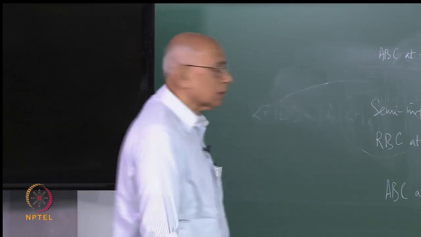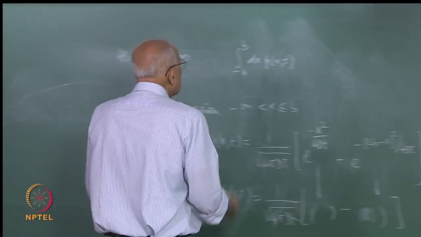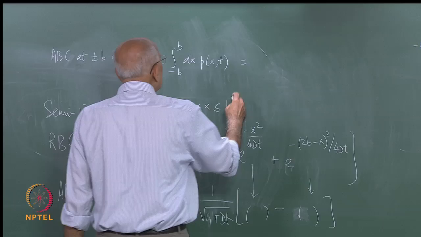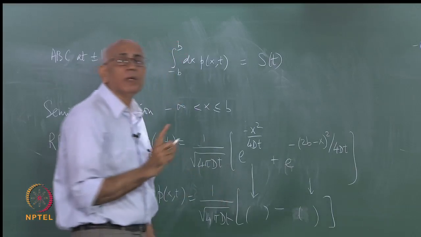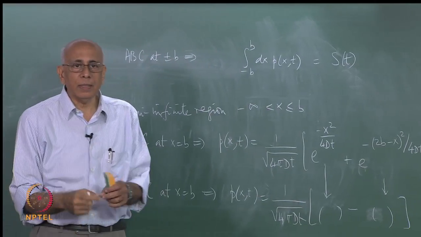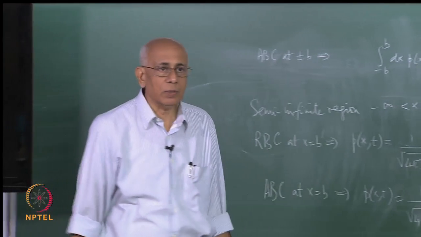We will compute this quantity. Now this thing has a simple name. What is this equal to? You could call this S of t, the survival probability that the particle is still in this region between minus 1 and 1.